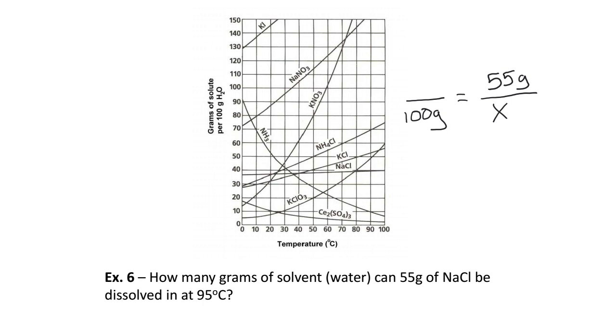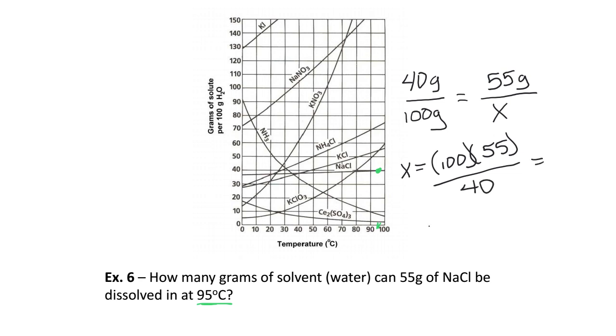So at this point in time, we're going to find the 95 degrees Celsius, which is right here, and we're going to go up to NaCl, okay, and that's 40. So we're going to put the 40 grams up here. So now X this time is equal to 100 times 55 divided by 40.